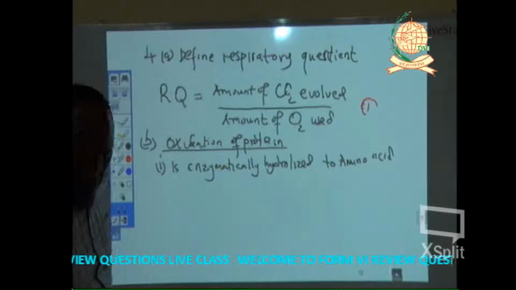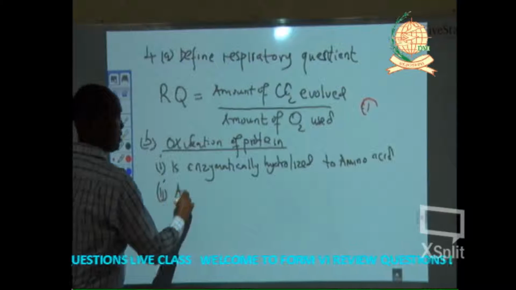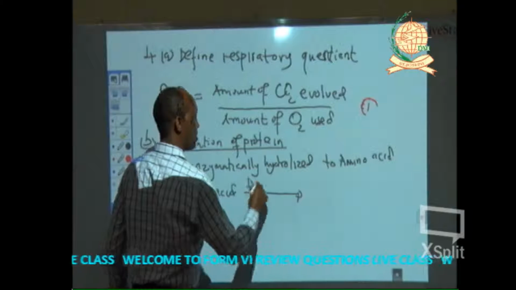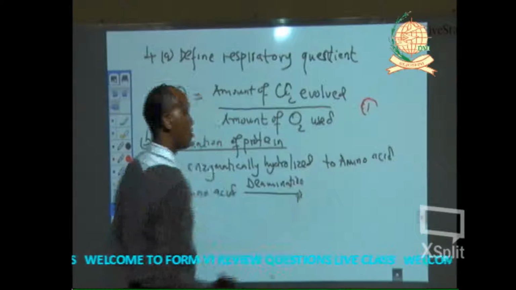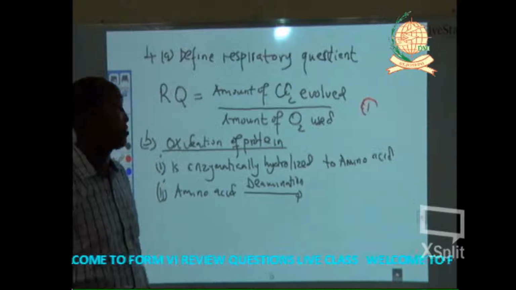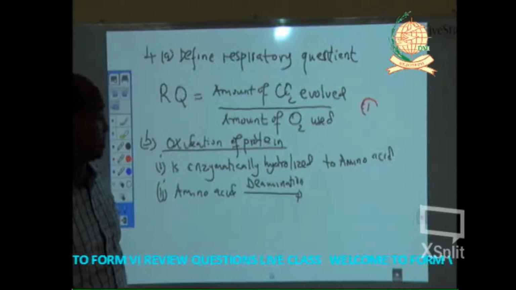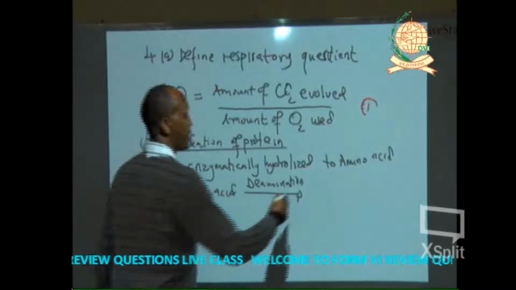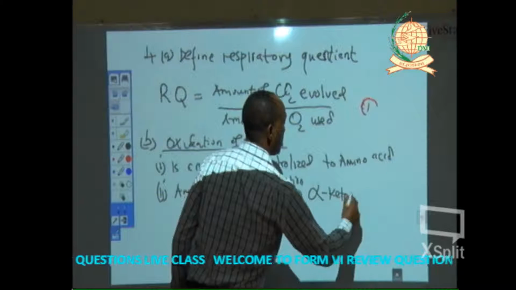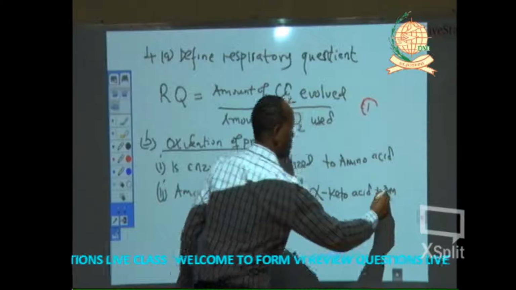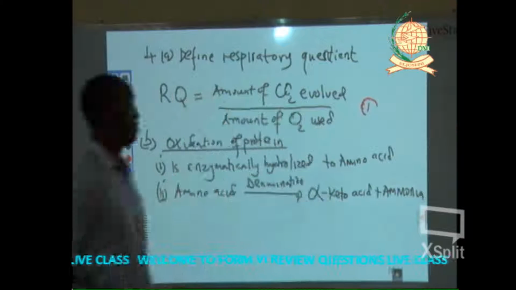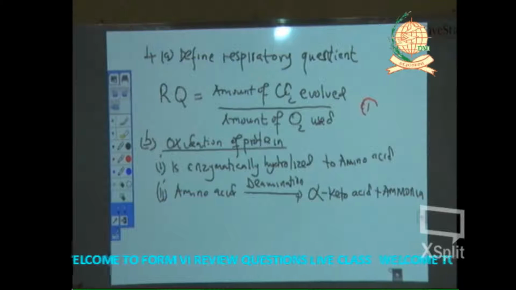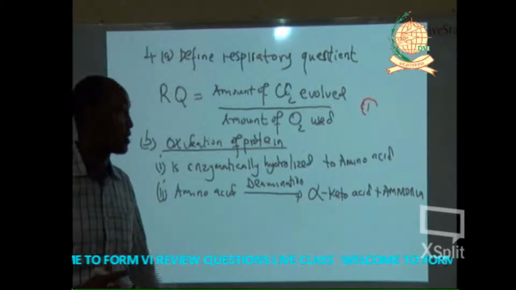Then the amino acid undergoes deamination, that is, removal of the amine group in the amino acid, to produce alpha keto acid and ammonia.